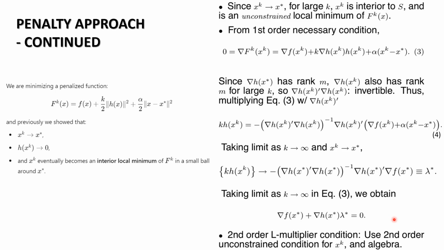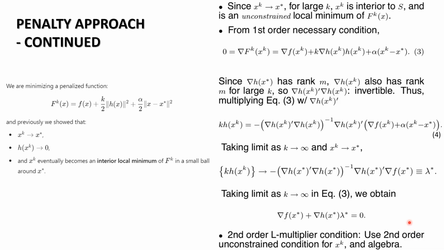Final notes about the second order condition: we note that the derivation of the second order Lagrange condition uses the second order necessary condition for unconstrained minimization of f_k, and lets k tend to infinity and applies algebra as previously done in earlier slides.